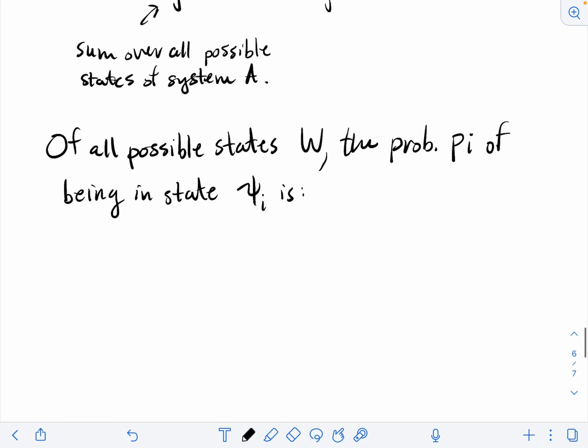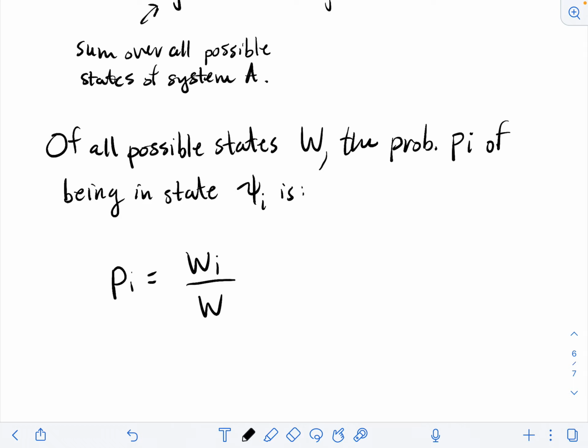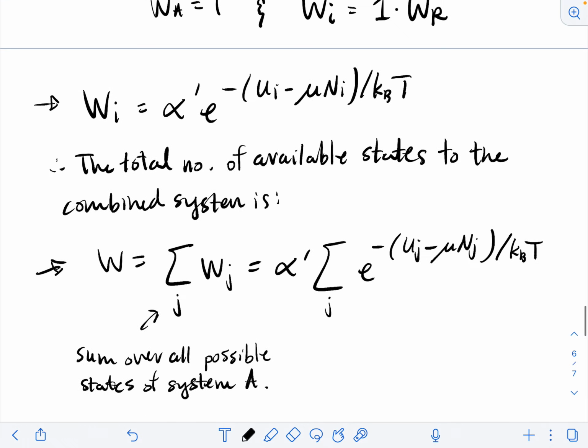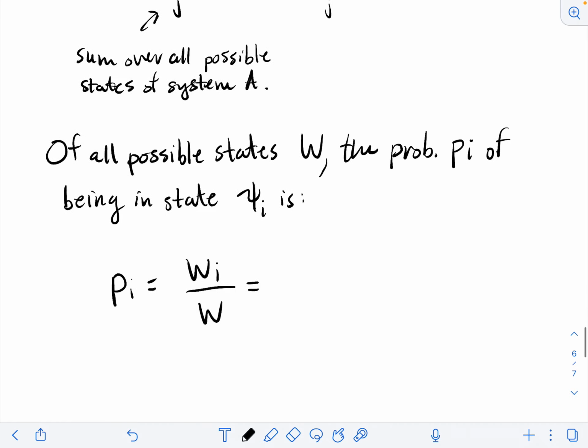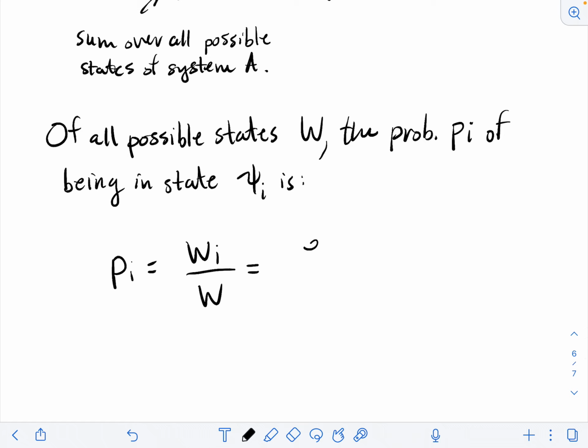okay, so Pi is Wi over W, and that's equal to, when we take the ratio, the alpha primes are going to cancel. Okay, and so all that we're going to be left with is e to the minus UI minus mu NI over kBT divided by the sum of that same thing.